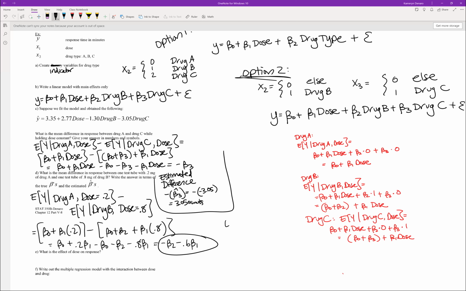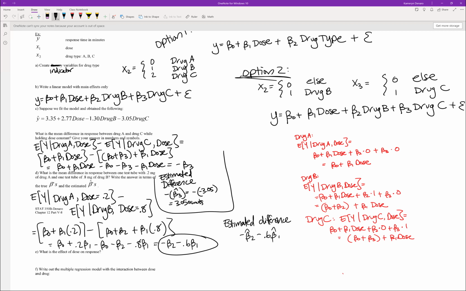So you're going to get the estimated difference by taking negative beta hat 2 minus 0.6 beta hat 1.